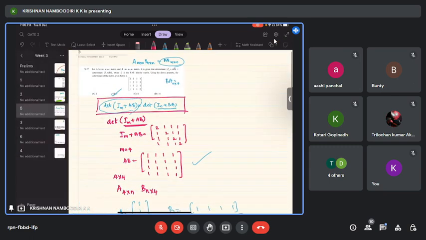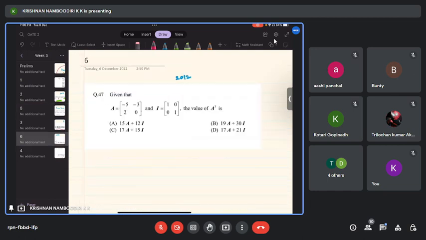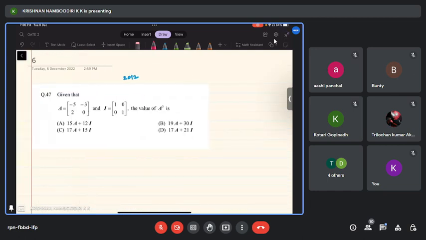So I prepared one more question, but maybe we will do this question later. This question uses a completely different idea. It is related with eigenvalues, but some other theorems you need to use. Perhaps you may be familiar with the Cayley-Hamilton theorem.